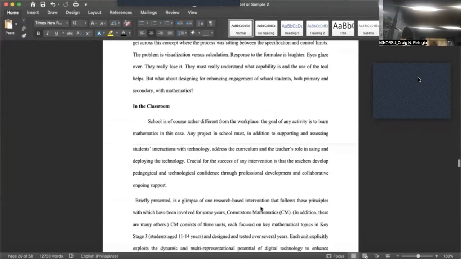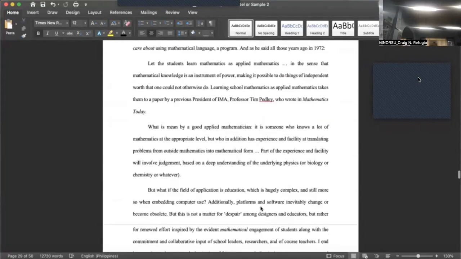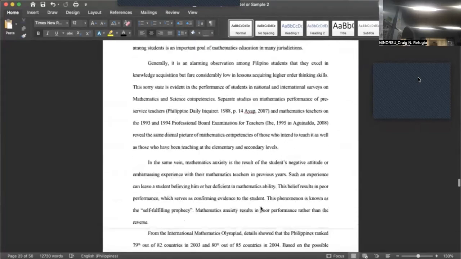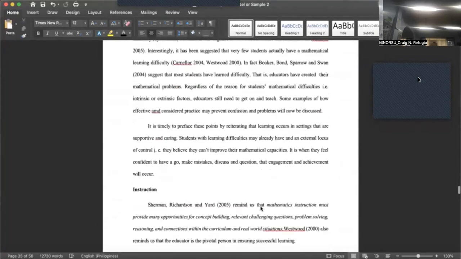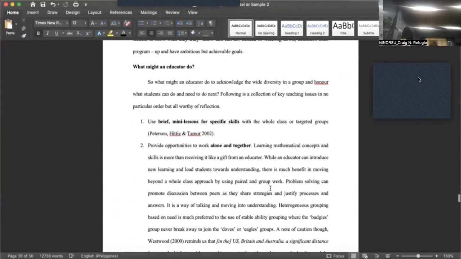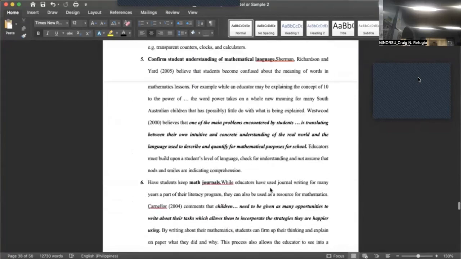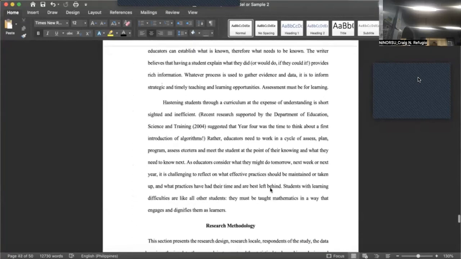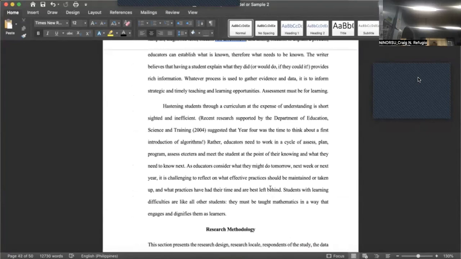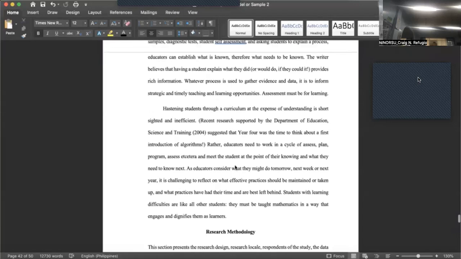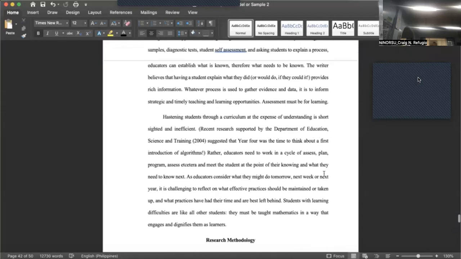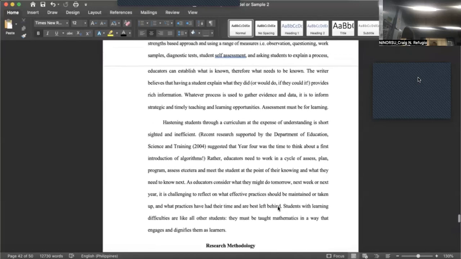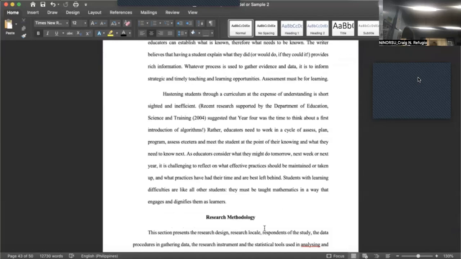It's a very long part. So this is the end of the review of related literature. And that is actually before the research methodology.